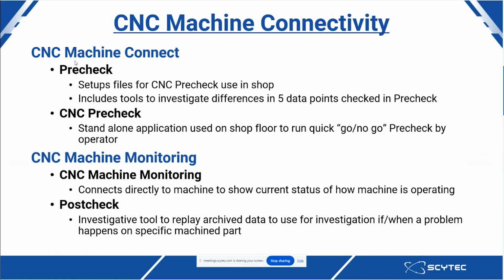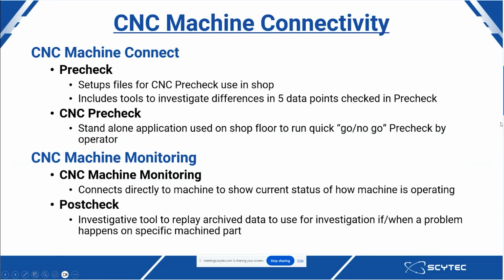And then there's a second half of this, which is CNC machine monitoring. That consists of 2 parts, where it allows you to connect directly to a machine and view how the machine is operating through a live stream within VERICUT. And then the other side of that is what we call Postcheck.